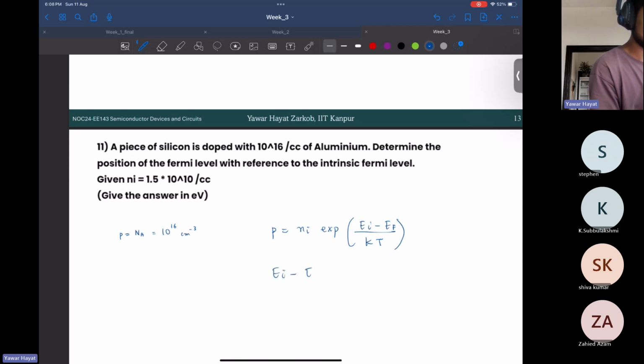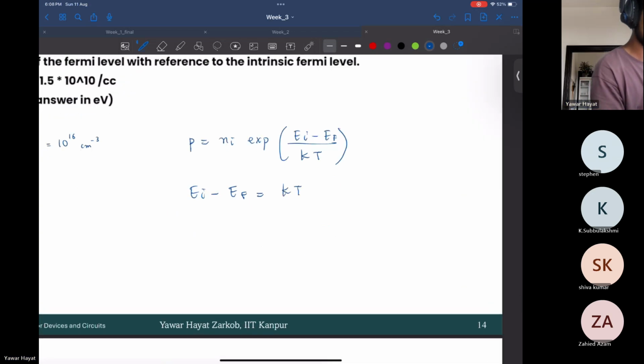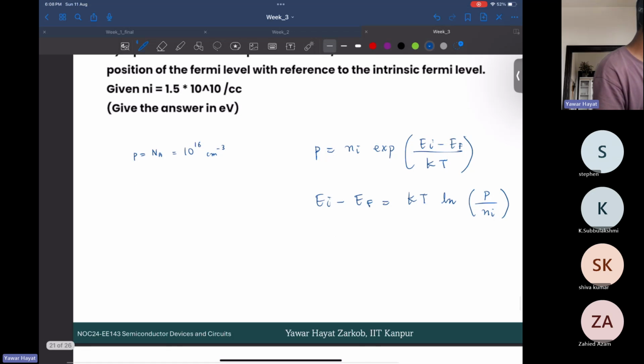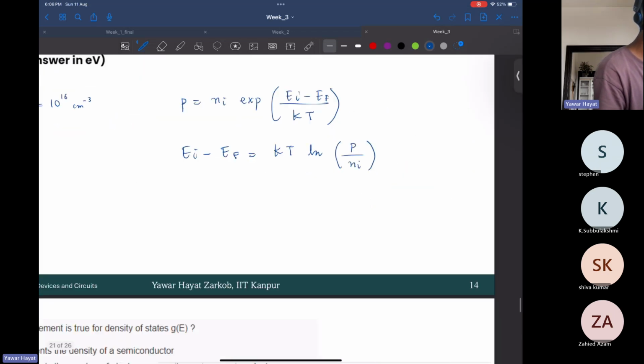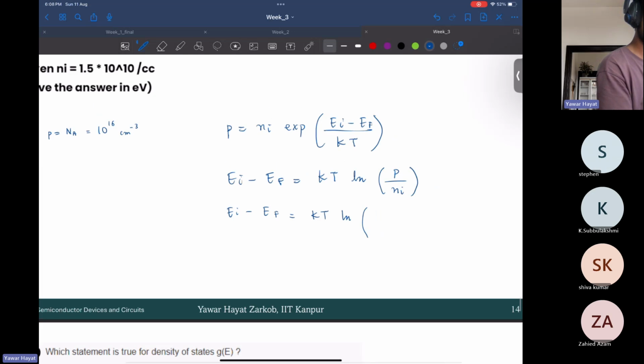Your Ei minus Ef should then be kT ln of p by ni, right? And then I'll be just plugging the values. So your Ei minus Ef should be equal to kT ln of your p is this, right?